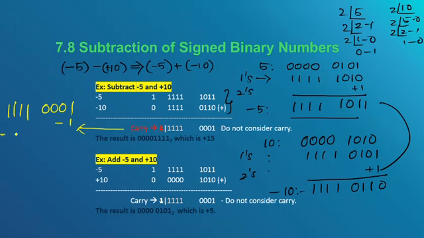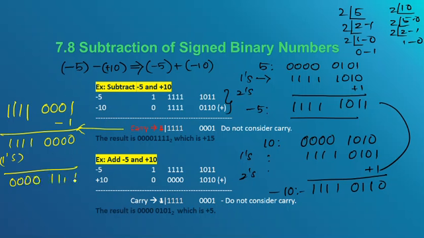If I subtract it, it will become 1 1 1 1 0 0 0 0. Take the 1's complement. When you take the 1's complement, it will become 0 0 0 0 1 1 1 1. So what is the answer for this? 4 ones are there, so you have 1 into 2 power 0, 1 into 2 power 1, 1 into 2 power 2, and 1 into 2 power 3.